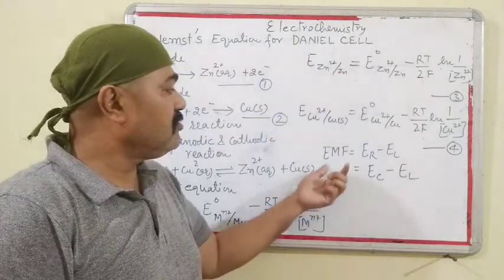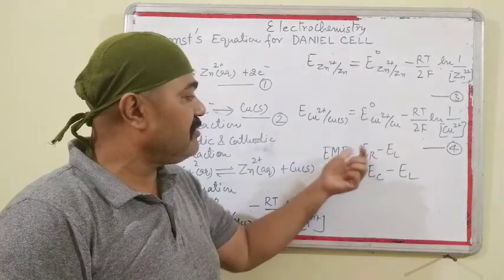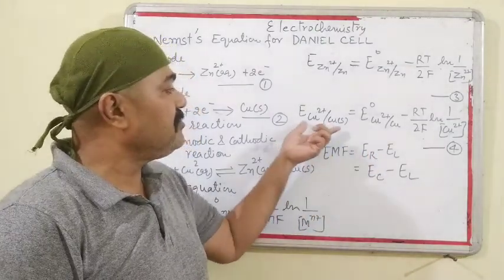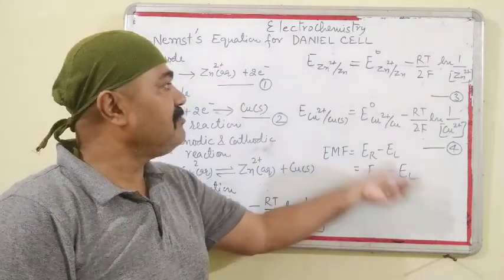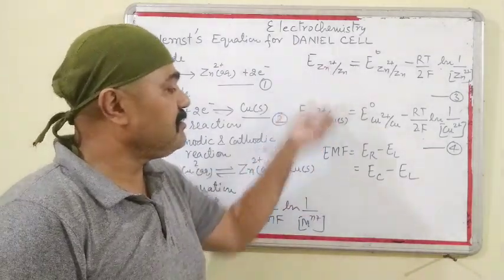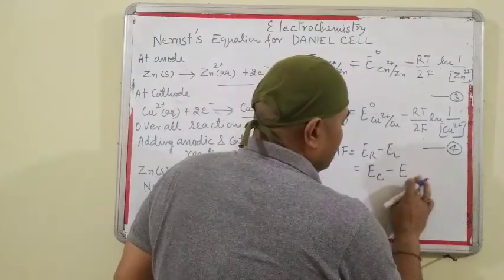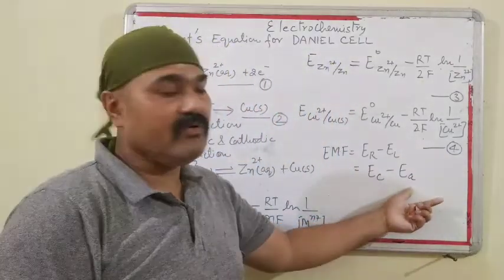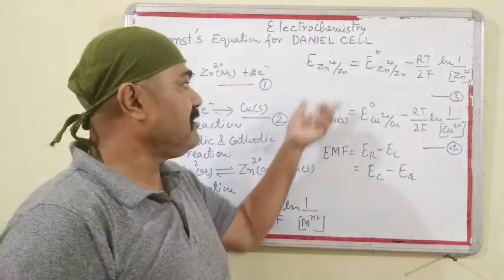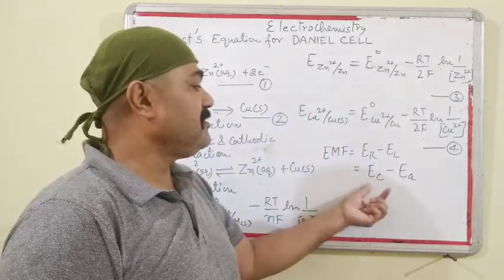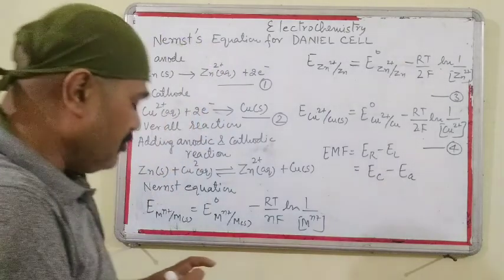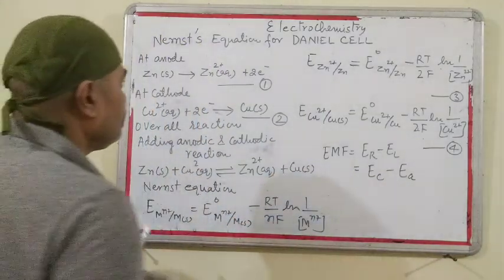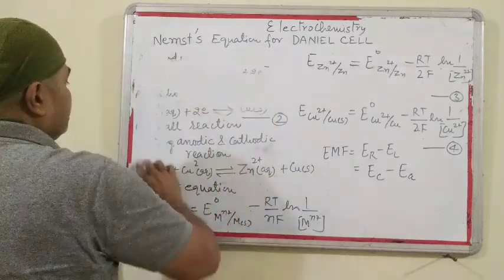So EC minus EA, where EA stands for the anode. Here the cathode is this one and the anode is this one. Now I am going to put in the values.